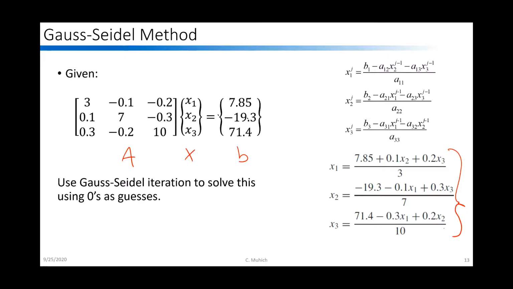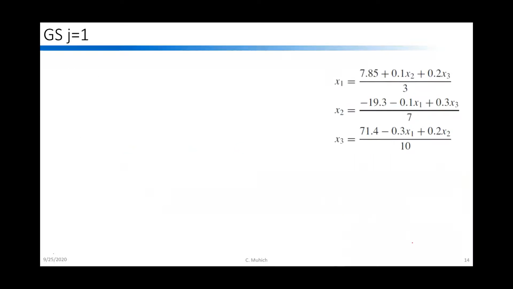Remember that the difference being in solving for x2, we're going to use the value from x1, and then for solving x3, we're going to use both our previously calculated x1 and x2. So same problem, same initial guesses of 0, just a slightly different implementation of the equations and what we use for x1, x2, and x3 as we go through. All right, let's start in.